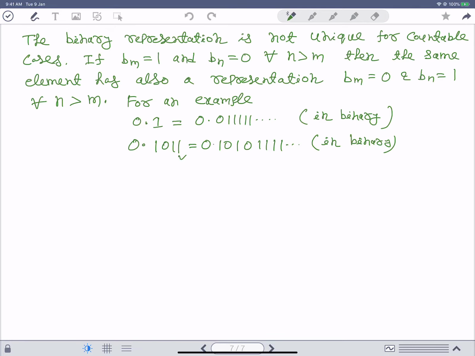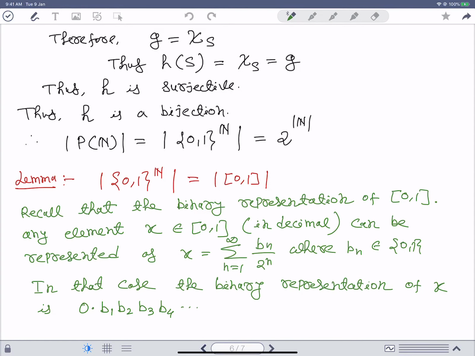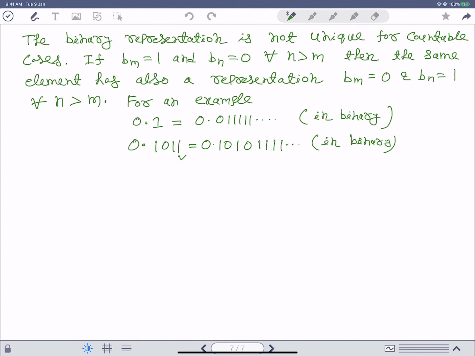Even in decimal we can do this as well. Suppose you have 1, then we can write 1 as 0.99999. Suppose you have 0.3, it can be written as 0.299999 in this way. So if you have a real number in the closed interval [0, 1], there are countably many numbers which have exactly two representations and the others have a single representation. Fine.